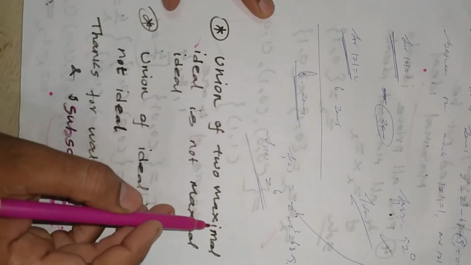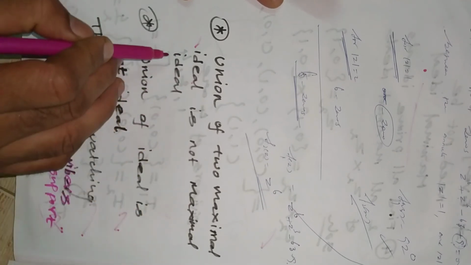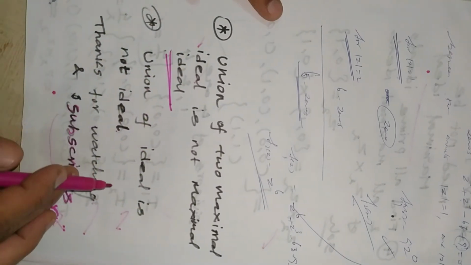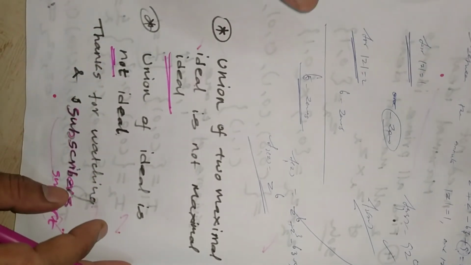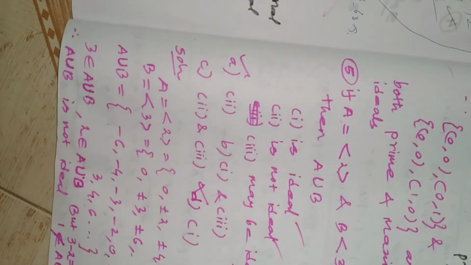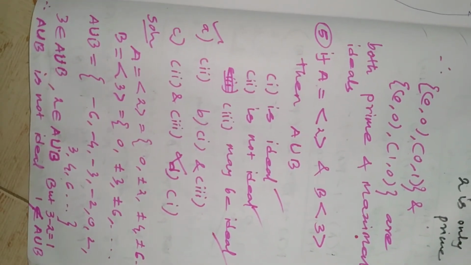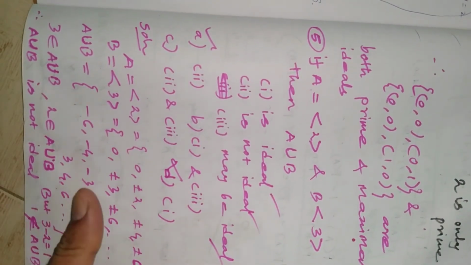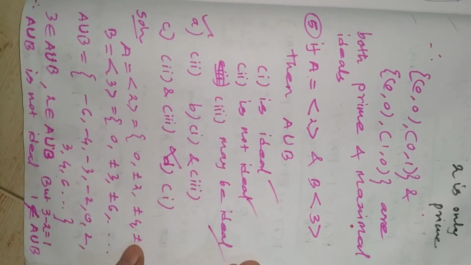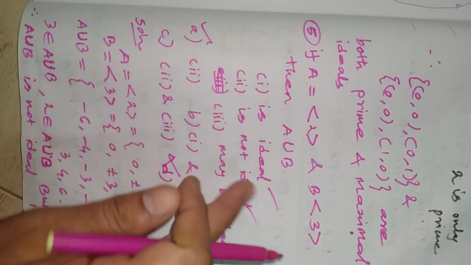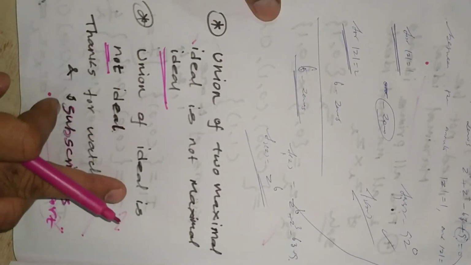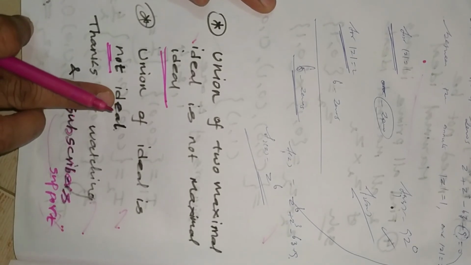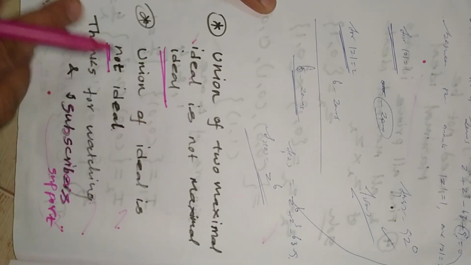So we know the result that the union of 2 ideals is not an ideal, very important. That is the example of the fifth one. This is a very good example of the union of ideals not being an ideal. Union of ideals is not an ideal, but the intersection of two ideals is an ideal.